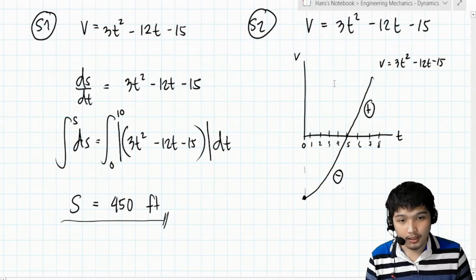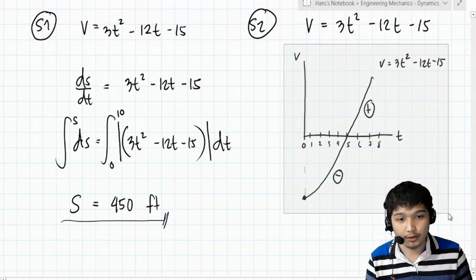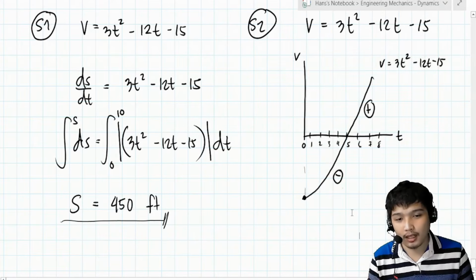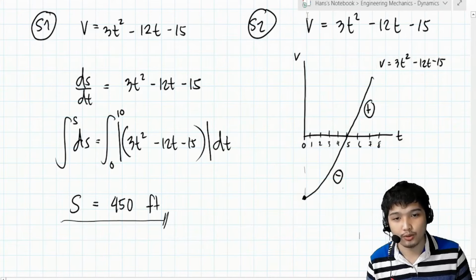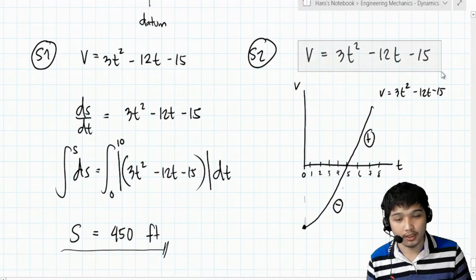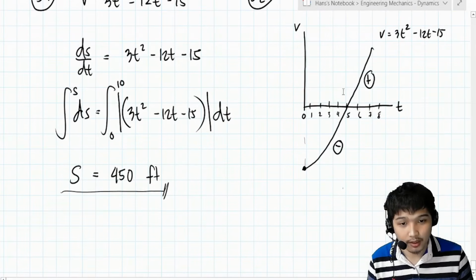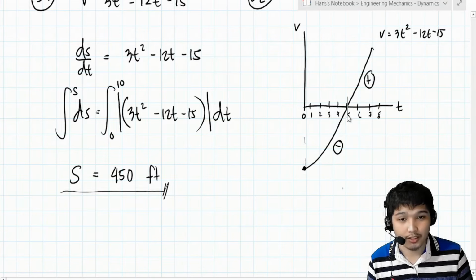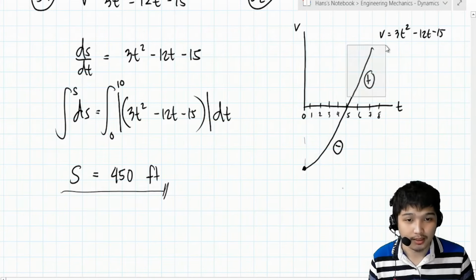Pero, graphical solution lang to, no? Hindi tayo sure kung at 5 lang ba. So, ang correct solution dito, guys, is to solve kung saan nag-0 yung velocity. Sana na-guess nyo, kasi di ba yun yung naging cutting point? Nung nag-pass siya nung naging 0 yung velocity, that is the time na nag-change siya from being negative, naging positive.